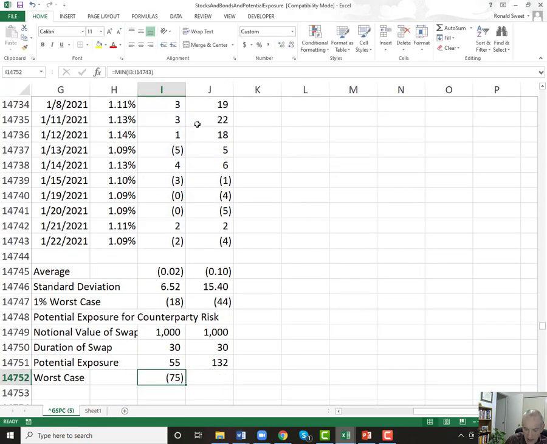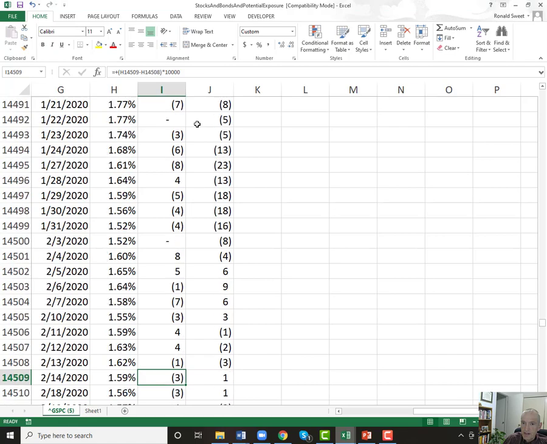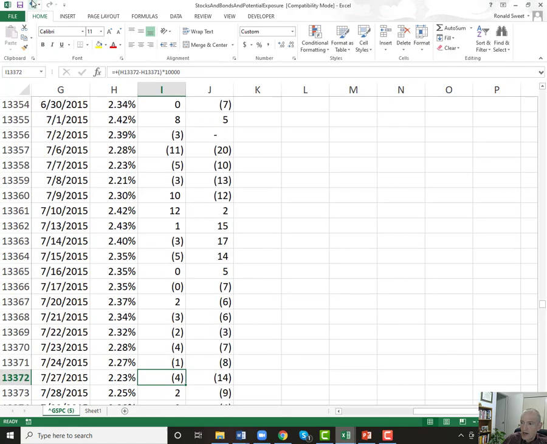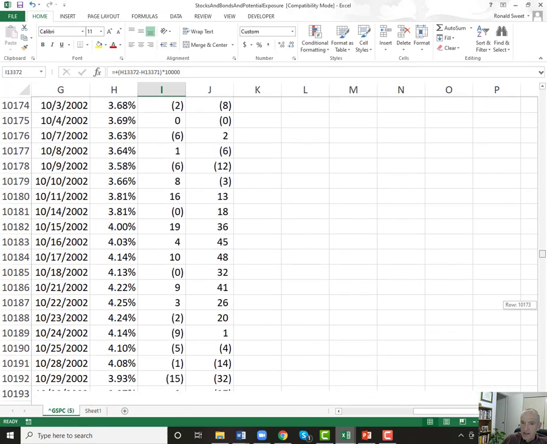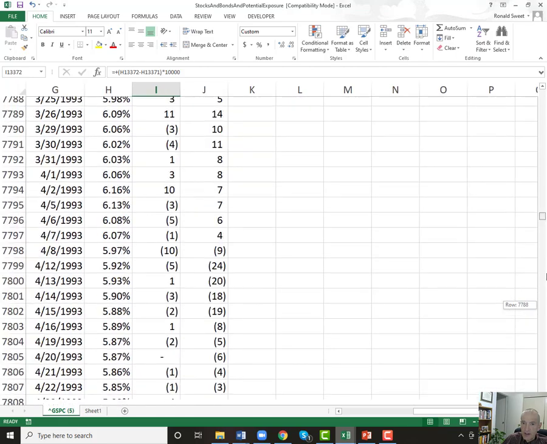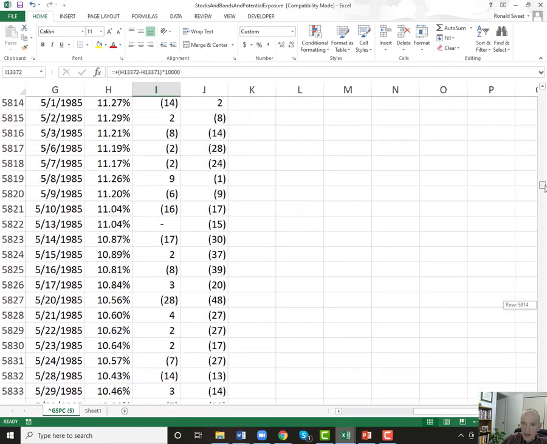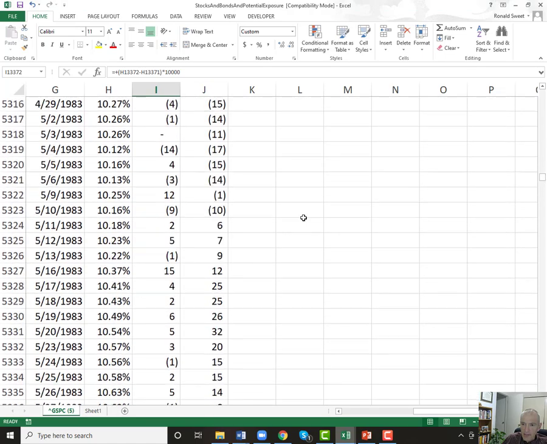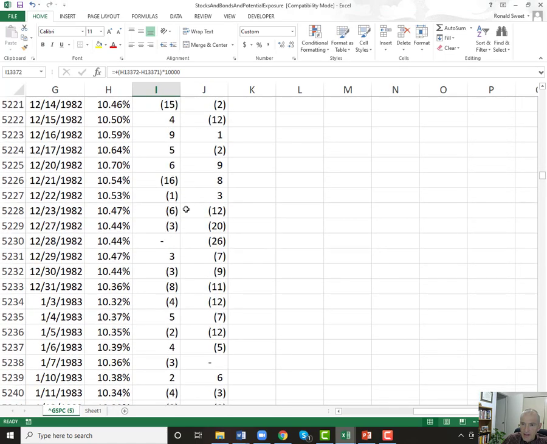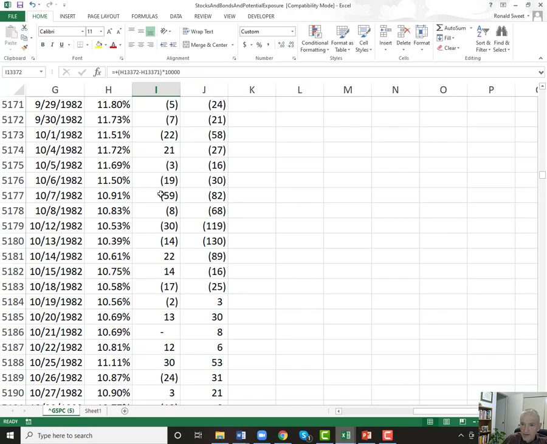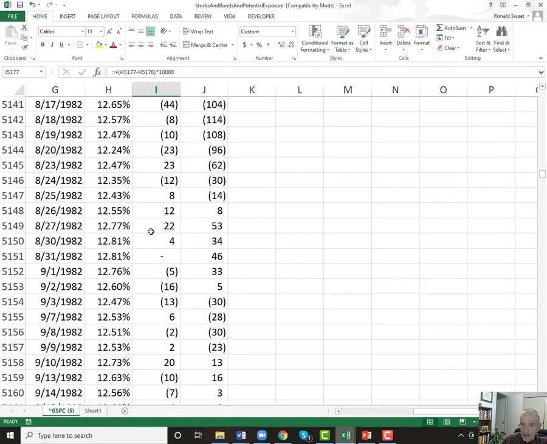So min is 75. That is probably back in the early 80s, I would guess, because interest rates were so high in the early 1980s that you probably saw some really big moves. Let's see if I can find it. Sorry, I'm making you dizzy here. So in the early 80s, there's a 59.